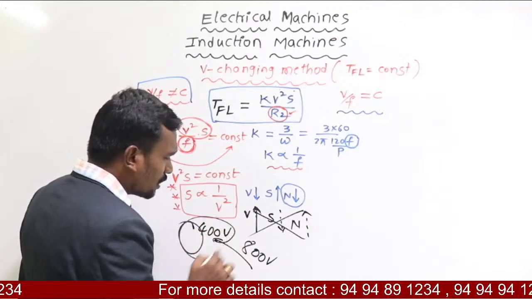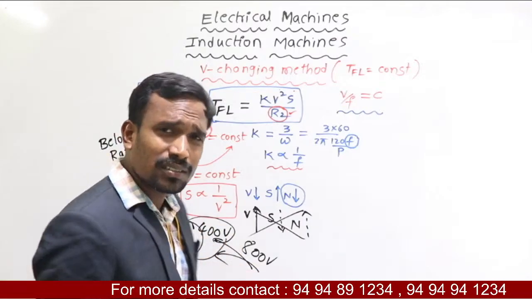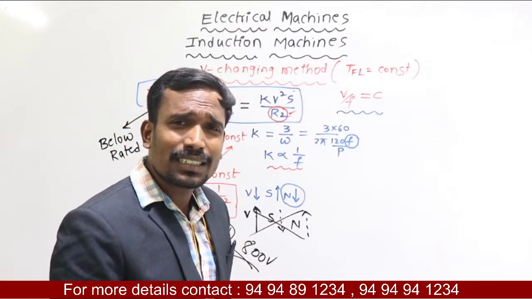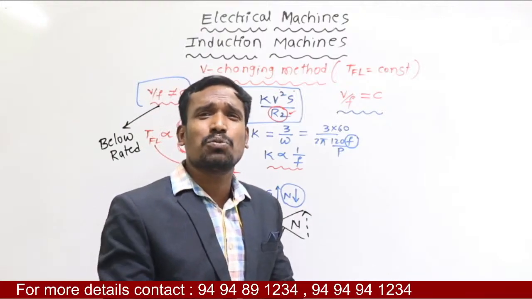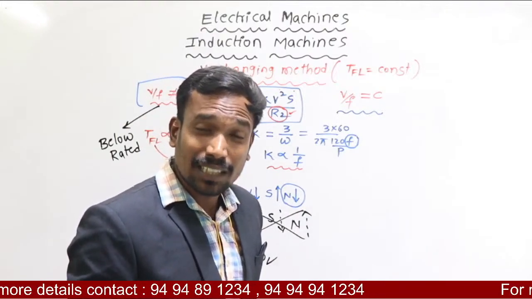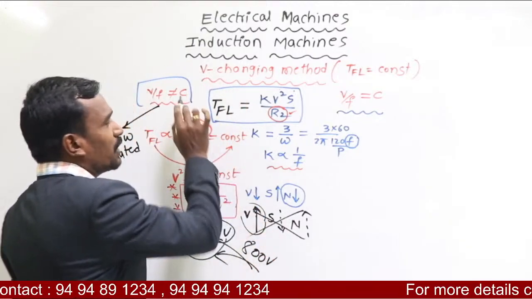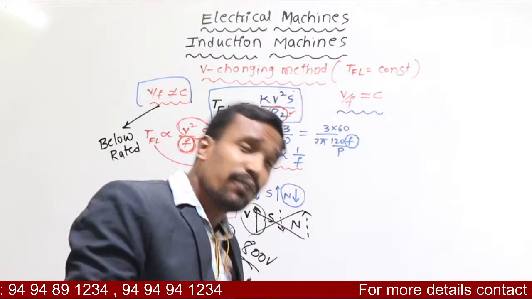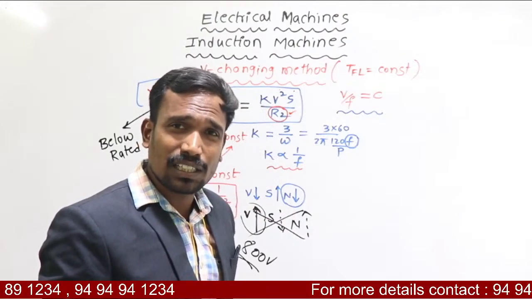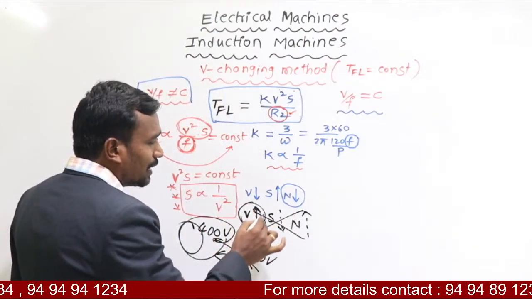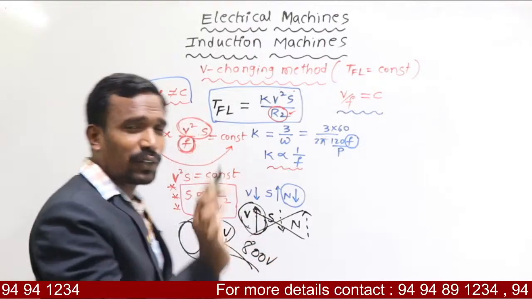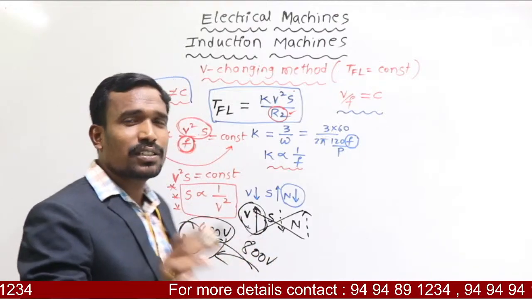So if a 100 volt induction motor is given 800 volts, there is no analysis, simply the insulation damages and the winding burns out. Yes or no, guys? So don't increase the voltage without the V by F ratio constant. If V by F is constant, we can increase the voltage. But if you increase the voltage without V by F constant, it leads to damage of the motor.